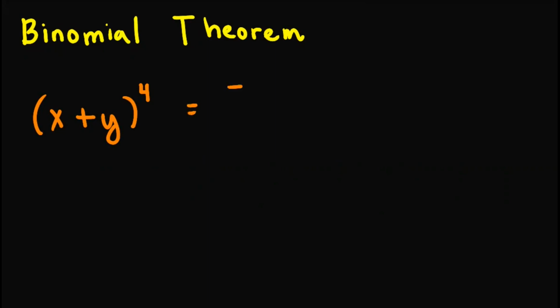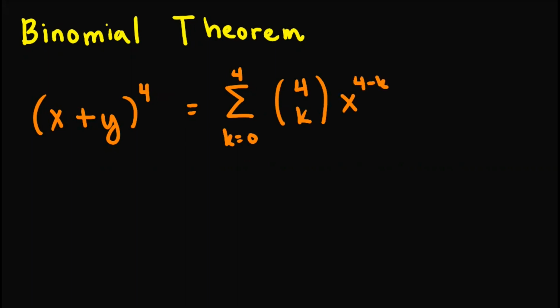This will give us the summation from k equals 0 up to 4 of 4 choose k of x raised to 4 minus k times y raised to k. And you can do the math in solving this one by applying the same idea that we did in the previous examples. So yeah, that's it for this video.